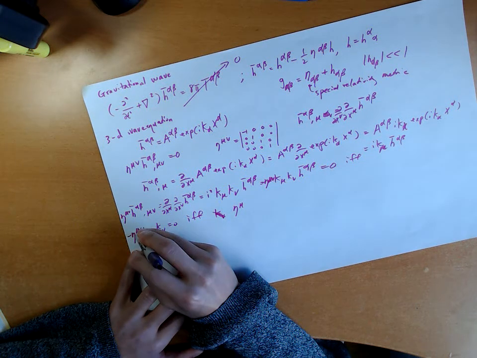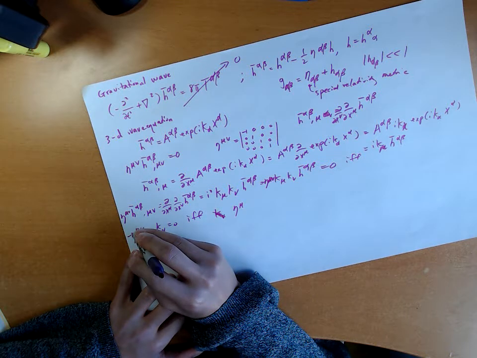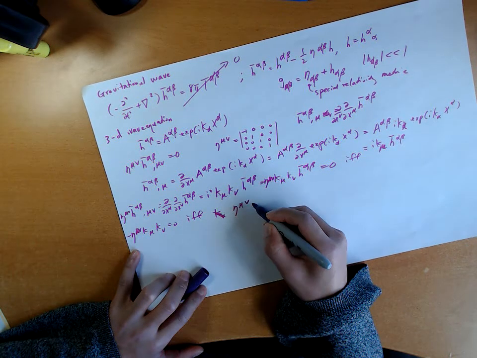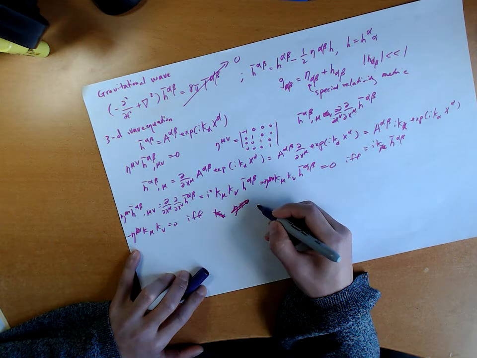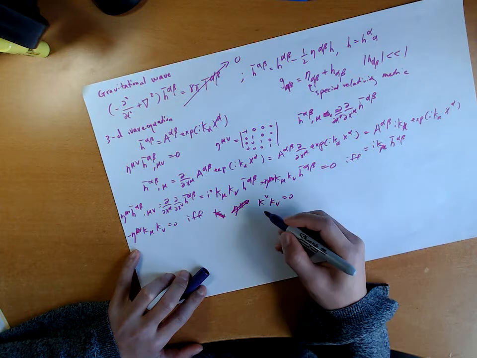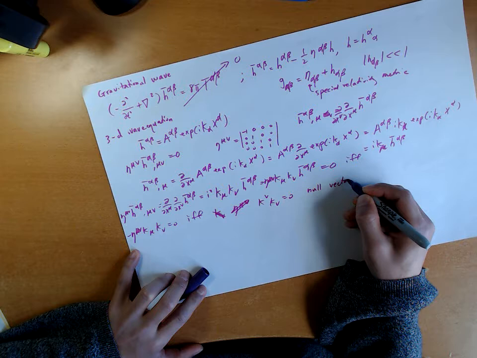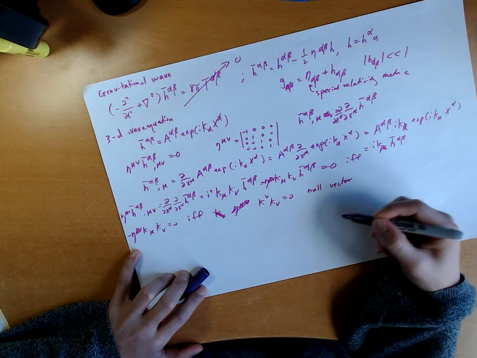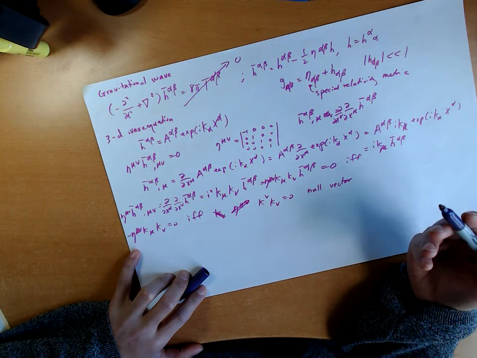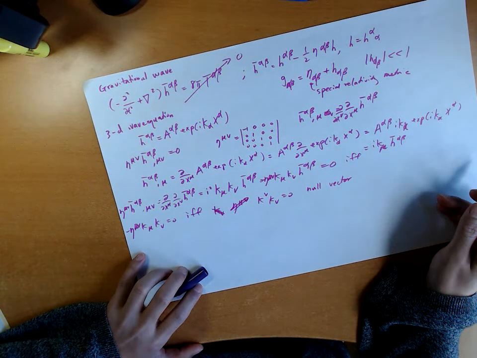We have mu here, so we can do the raise index. So this becomes k v, and this is known as tangent to the photon, to the equation of the photon.